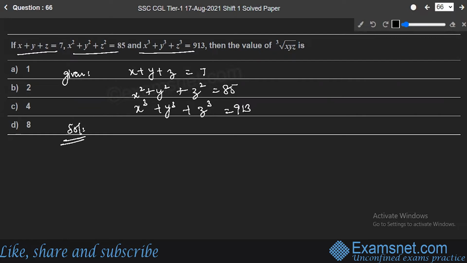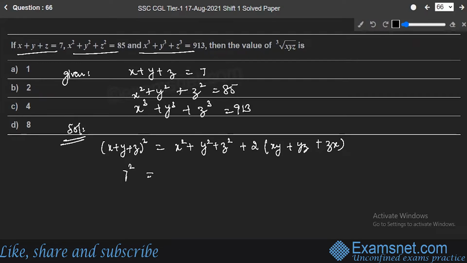So we'll be using some identities again. First of all, I'll be using x plus y plus z whole square. This is equal to x square plus y square plus z square plus 2 into xy plus yz plus zx, right? So this is equal to 7 square, and x square plus y square plus z square is 85, plus 2 into xy plus yz plus zx.